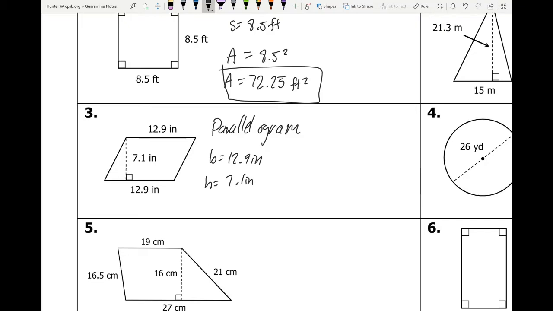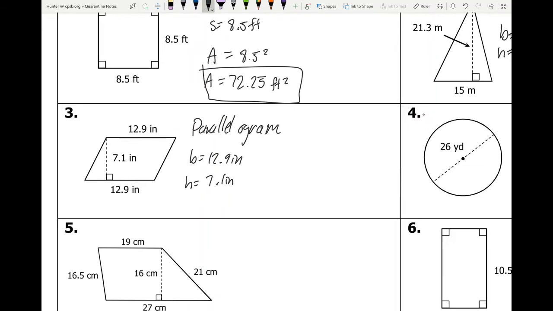We know the height is that dotted line, and the bases are actually two sides of the parallelogram. So our area is base times height, which is 12.9 times 7.1. So the area is 91.59 inches squared.